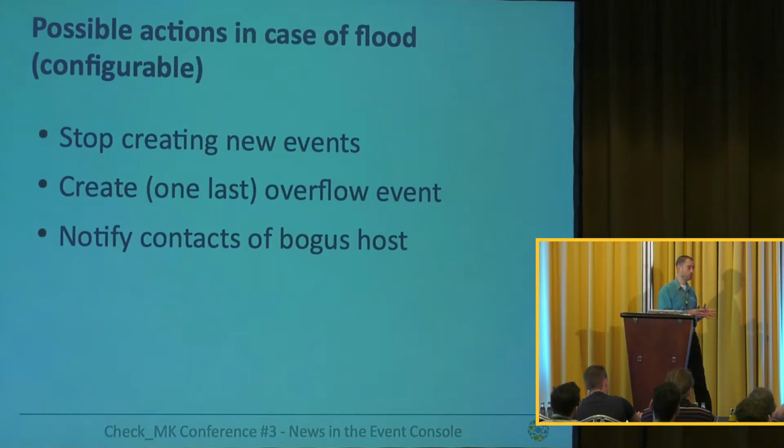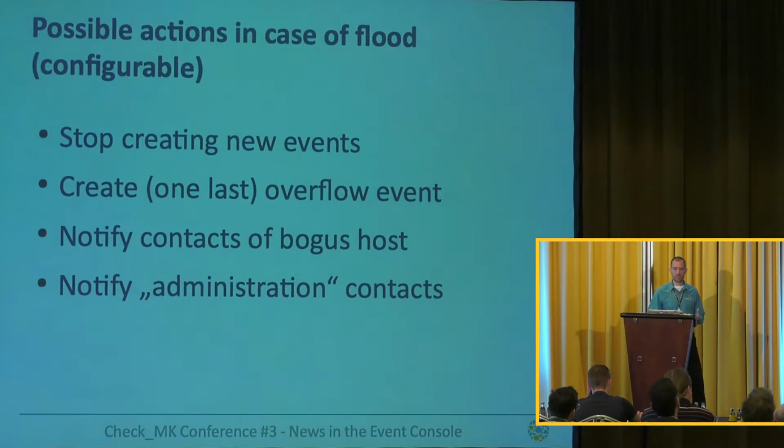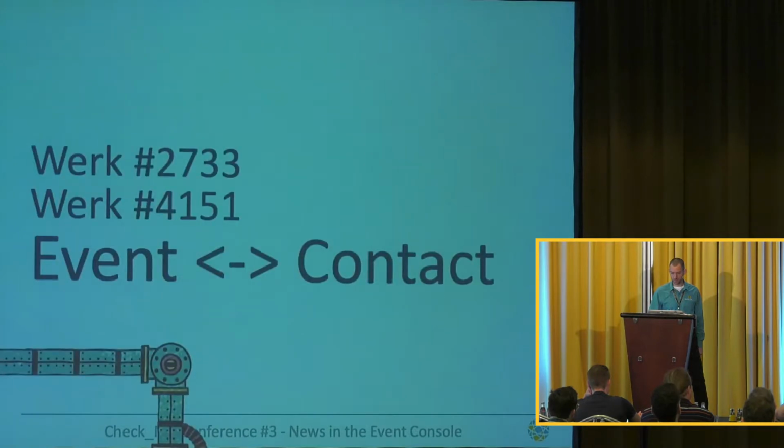If this affects a host, then I can notify the host contact. If it's just a rule, then I don't have a contact person, and in that case I would notify the admins. In the user profile there's this little check, and you can set that if you want to get notifications like that.